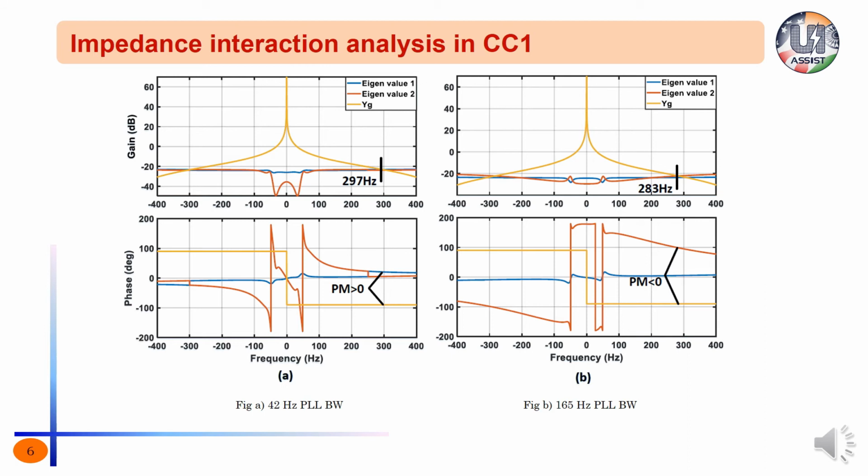But in figure B, where PLL is tuned for 165 Hz bandwidth, interaction is witnessed at 283 Hz, but the system is unstable due to poor phase margin, which is less than 0. Notice here that the interaction frequency, that is 283 Hz in figure B, falls into the negative damping region of QQ channel impedance of CC1.